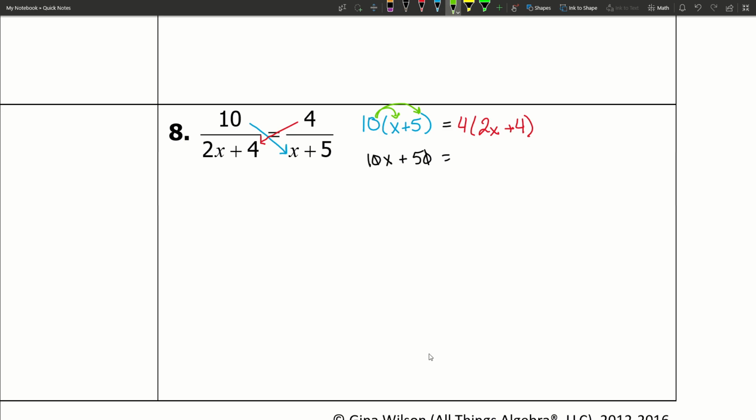We distribute on the other side. We have 4 times 2x and 4 times 4. 4 times 2 is 8, and we just throw the x at the end. 4 times 4 is 16. Again, we like to keep our variable or our letter on the left side of our page normally, so I'm going to choose to subtract my 8x away first.